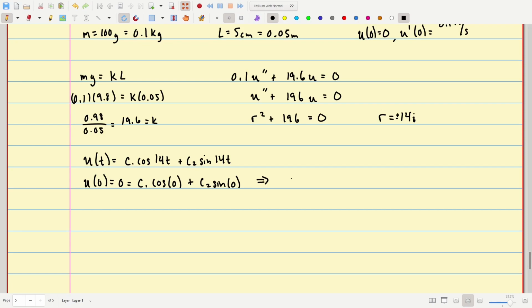Sine of 0 is, of course, 0. And so this tells us that C1 is actually equal to 0 as well, because we're going to get 0 equals C1 times 1. The next thing that we need to do is compute u prime so that we can apply that initial condition. Normally, we would go ahead and just take the derivative first, but since it was so easy to figure out the first initial condition, we did things slightly out of order.